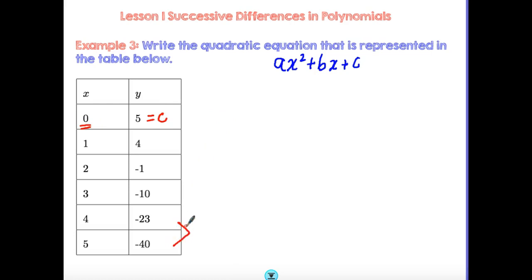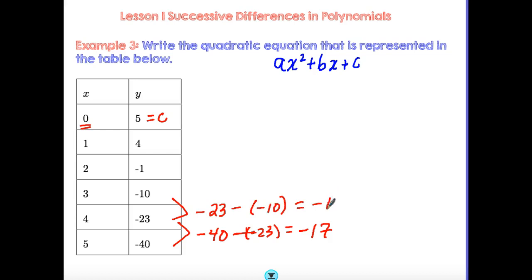Now, be careful: negative 40 minus negative 23, right? So think about this, negative 40 minus negative 23, that's actually adding 23. So that difference there is going to be, make sure I get that right, negative 17. And then we're going to go negative 23 minus negative 10, which is negative 13.